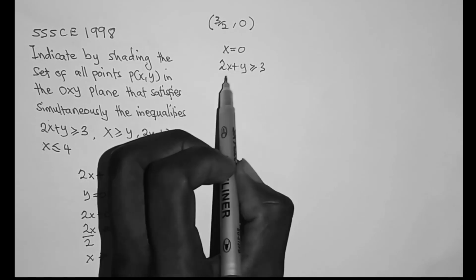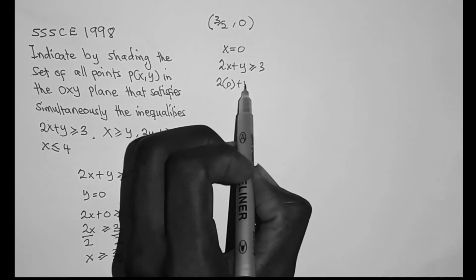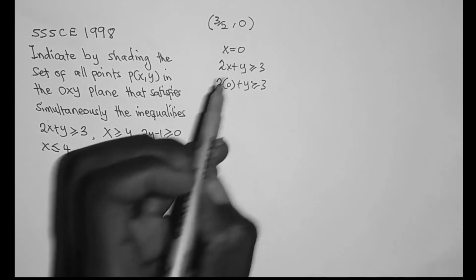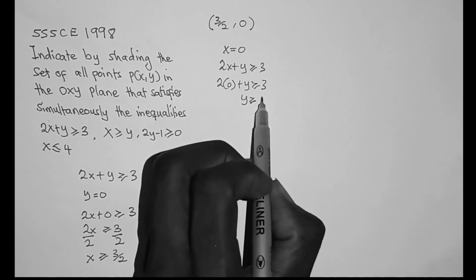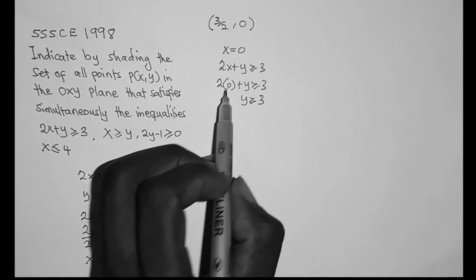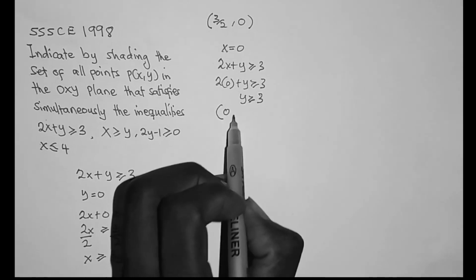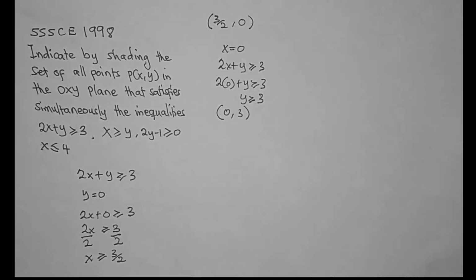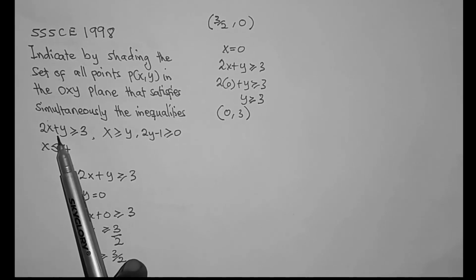So it becomes 2 times 0 plus y is greater or equal to 3. So y is greater or equal to 3 because 2 times 0 is 0. So we have the point 0 and 3 also on this line. So we are done with this inequality.